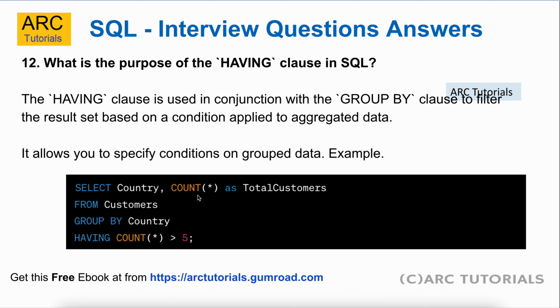Select country, comma, count star as total customers from customers group by country, and now we are putting a condition, right, and we are applying it saying that having count is greater than 5. So it will first group by country and then check if the customers are more than 5, then give the count. That's what this particular query would return us.